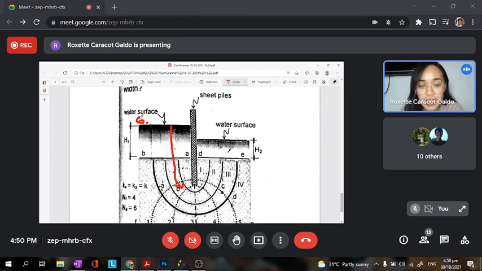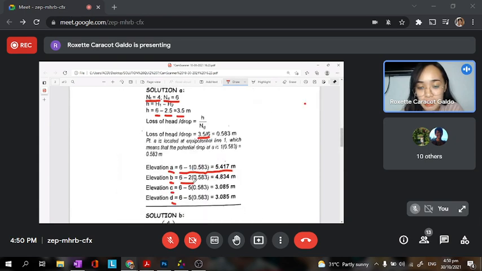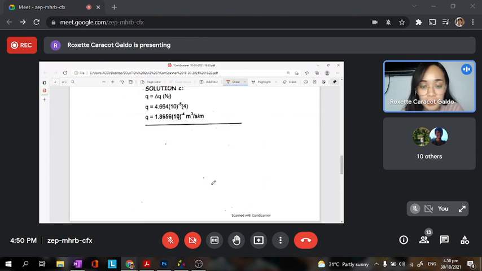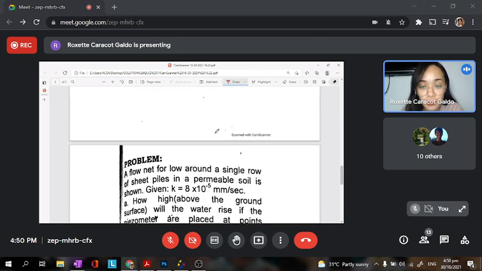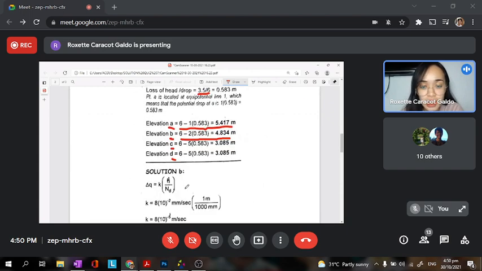So that's why 6 minus duha ka 0.583, that would be 4.834 daw. So meaning kung mag-insert na kay piezometer dere, the rise of the water inside the piezometer would be equal to 4.834.